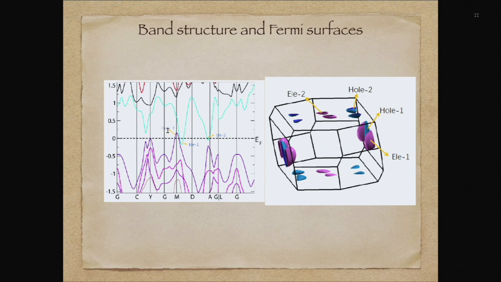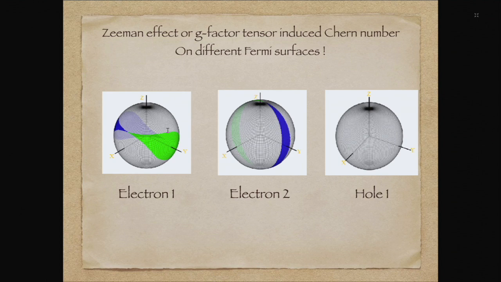After splitting, we calculate its Chern number, and we found that for some different Fermi surfaces along some specific field direction, the field will split the Fermi surface into two parts, and each Fermi surface will carry non-zero Chern number. So we call that the Zeeman effect induced topological metal phase in this material.